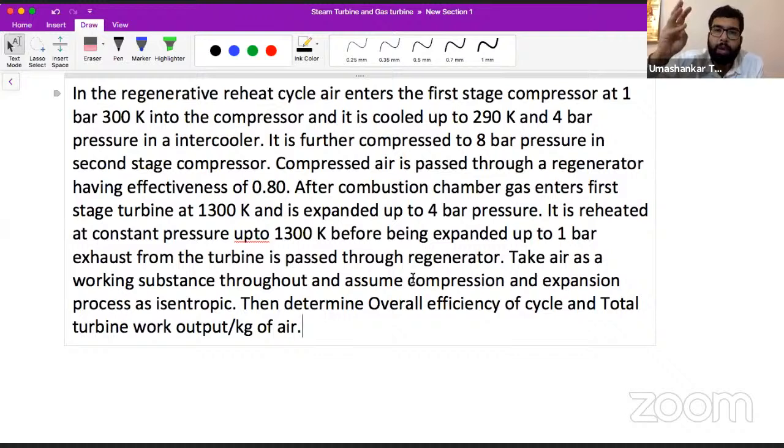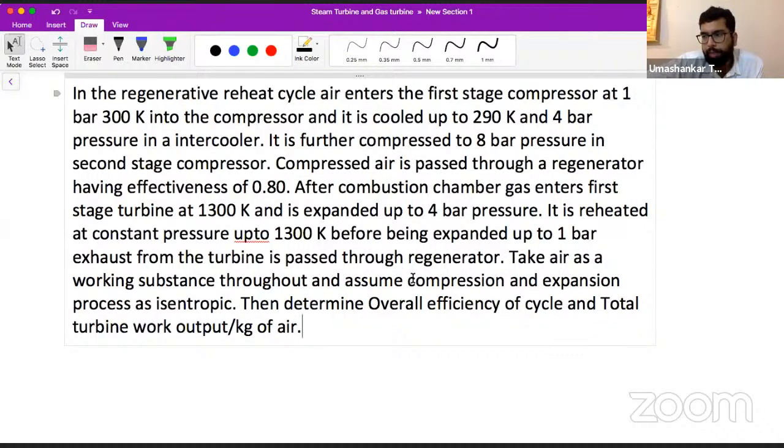So the velocity triangles and analysis of axial flow compressors, steam turbines and gas turbines are very much similar to each other. That's why in most books, you won't find the analysis of gas turbine if steam turbine is given, and you won't find the analysis of steam turbine separately if gas turbine is given.